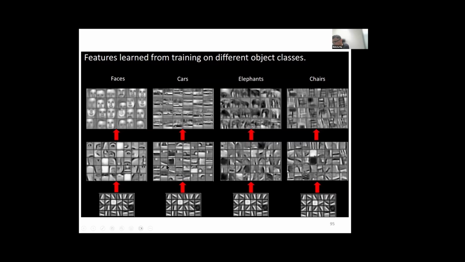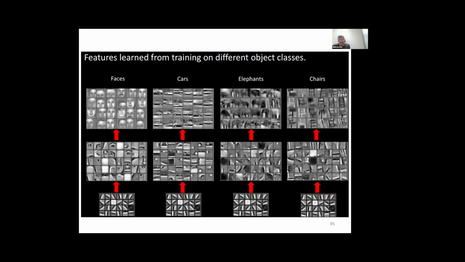When provided with images of cars, they're responding to parts of cars. When provided with images of elephants, each of them is detecting parts of elephants. For chairs, each of them is detecting different portions of a chair.